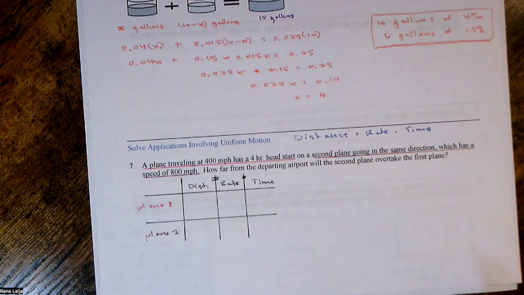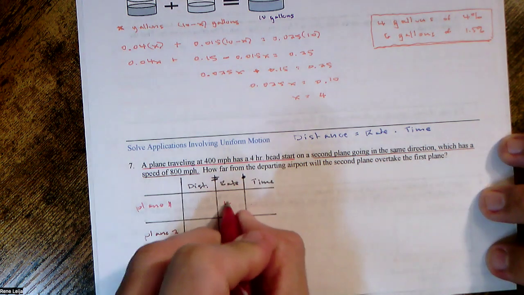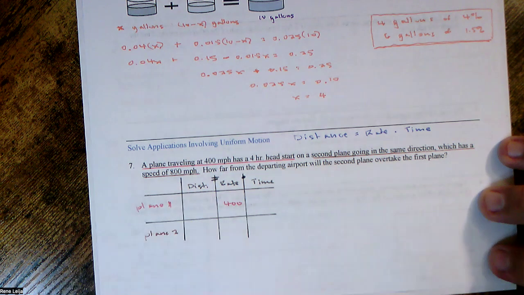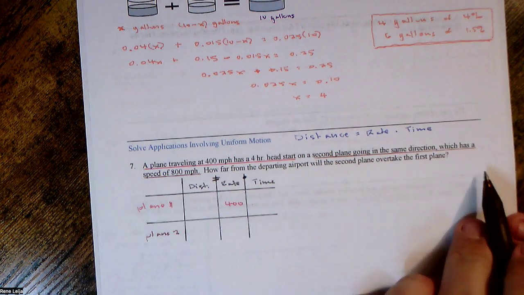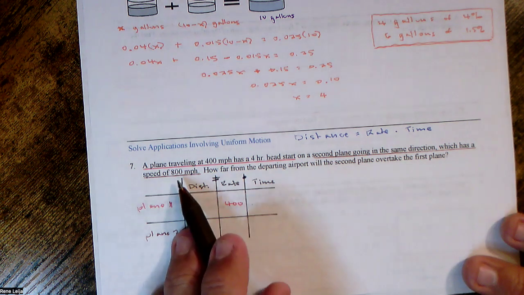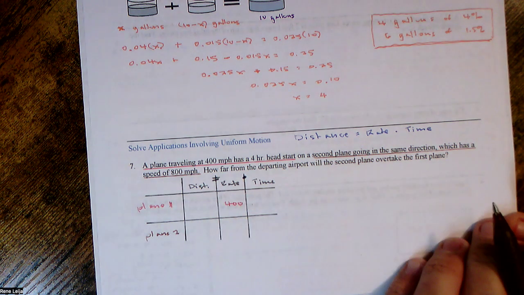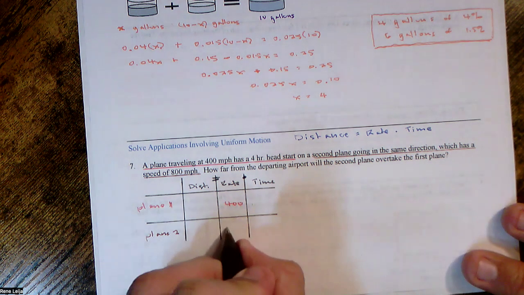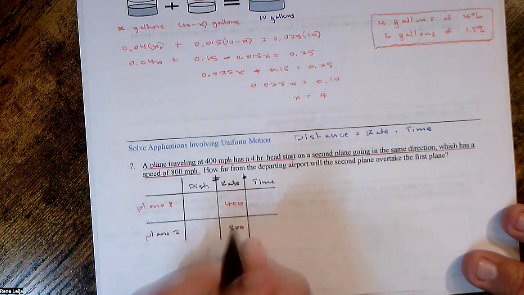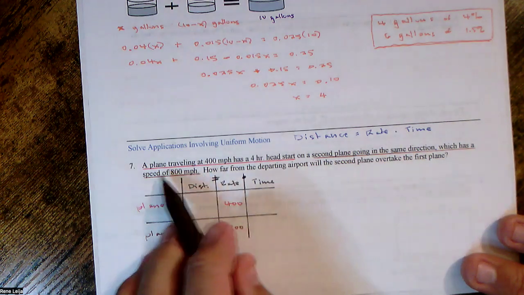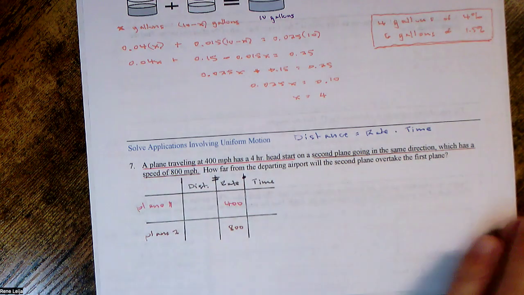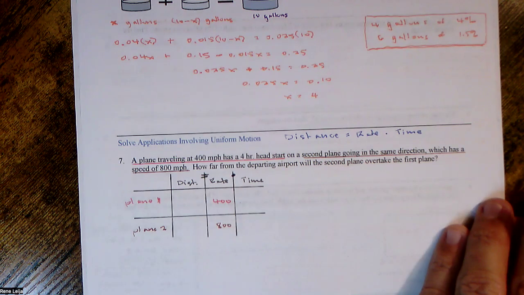Okay. Now, let's plug in what we know. The first plane is traveling at 400 miles per hour, which is the rate. So that's 400. Now, the second plane says it's traveling at a speed of 800 miles per hour. That's the rate. Now it says that the first plane has a 4-hour head start over the second plane.